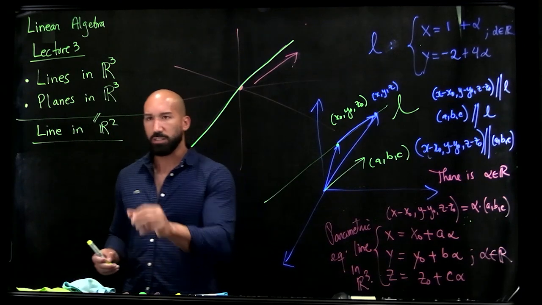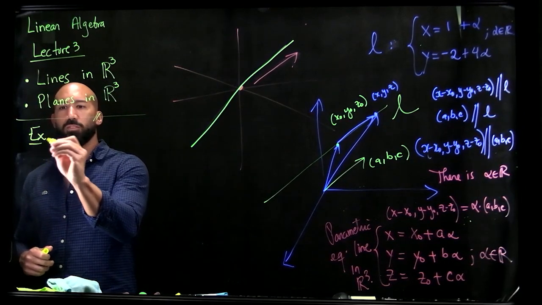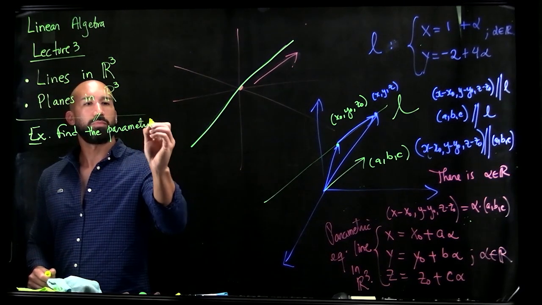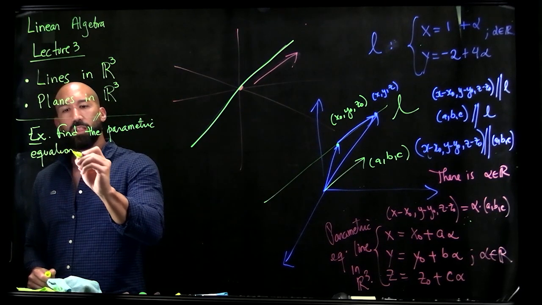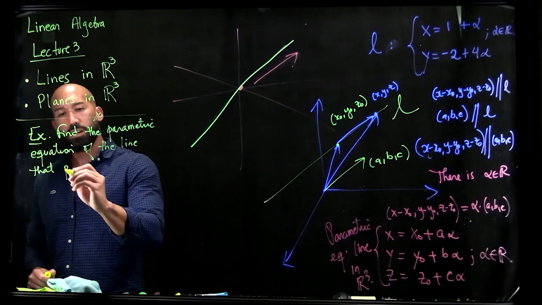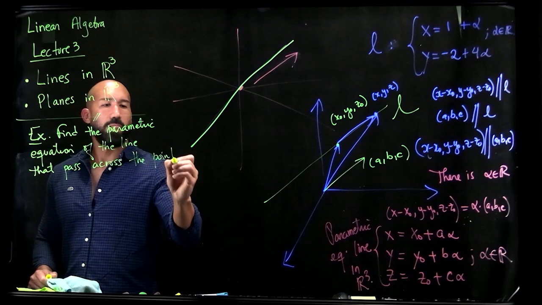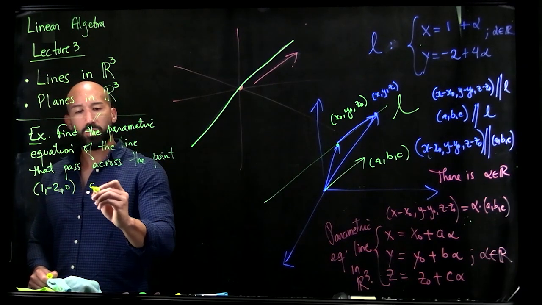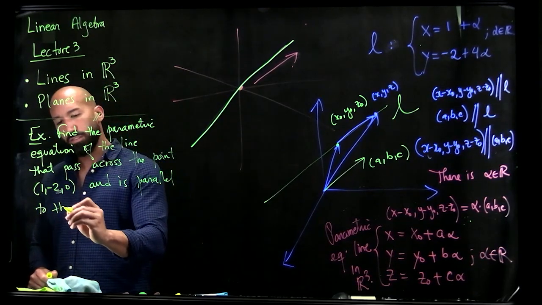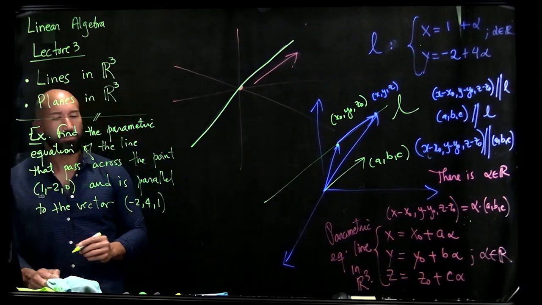Well, again, we can have a very simple exercise. Find the parametric equation of the line that passes across the point 1, -2, 0, and is parallel to the vector -2, 4, 1.